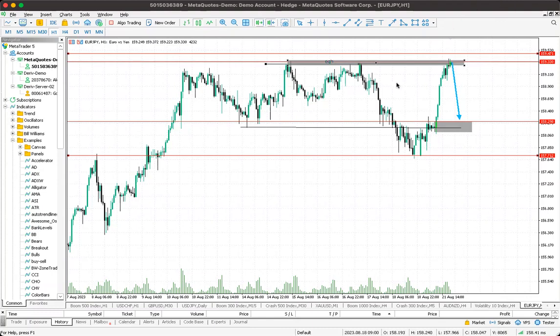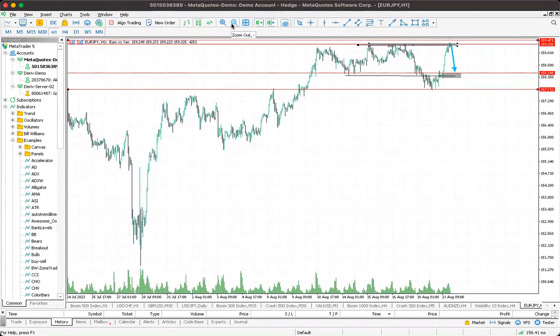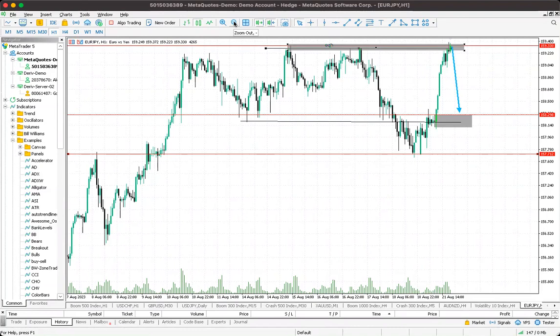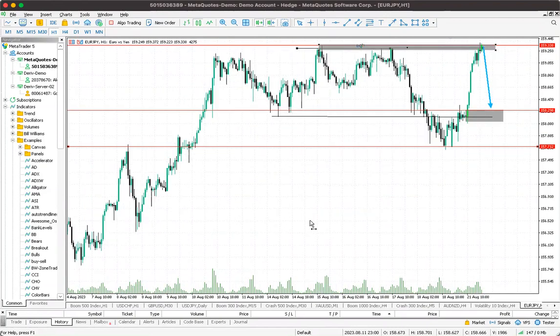Another confirmation of this thing is using CHoCH, which is change of character, you understand? And I don't think most people confuse, you understand, this CHoCH with so many things. It's actually confusing me too, I won't lie, because I see so many people drawing so many things about change of character. But to me, I think change of character is, for instance, the market has a higher high, higher low for the uptrend market, right?